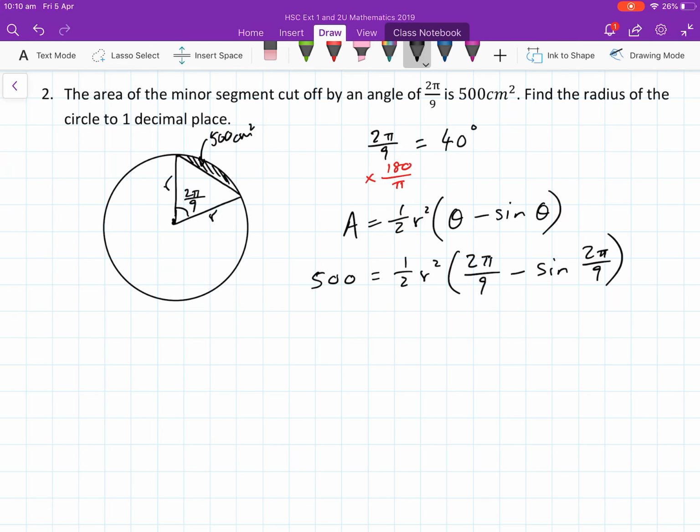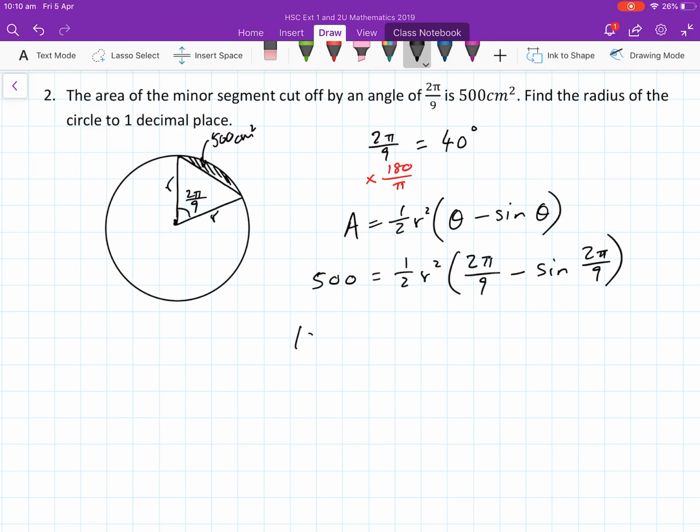Now, in this case, we don't know sine 2 pi on 9. Well, it doesn't have an exact ratio. You've got to multiply everything by 2 as the first step. And then I'm going to estimate what's in the bracket. So we're going to actually find that. 2 pi over 9 minus sine of 2 pi over 9.